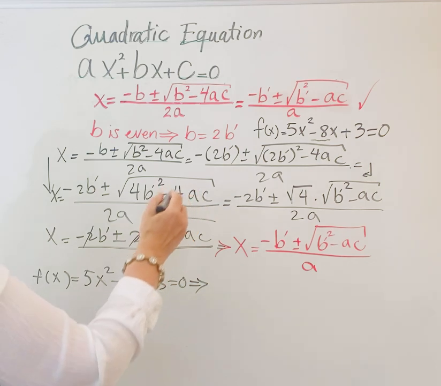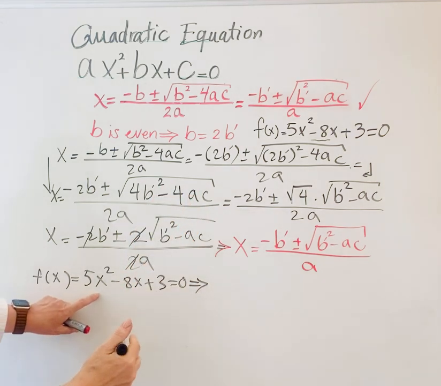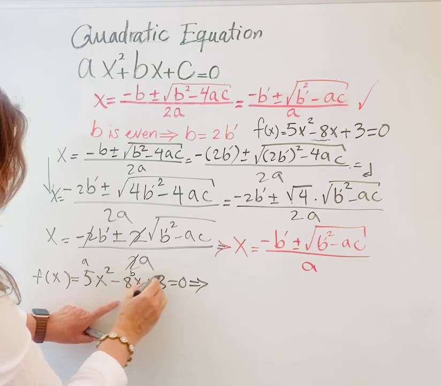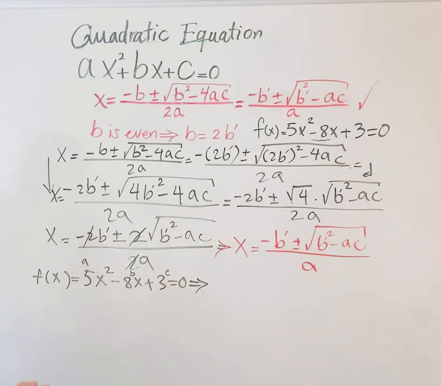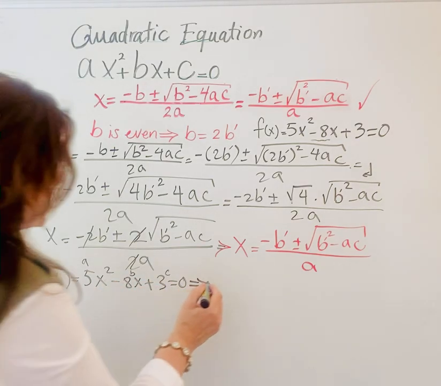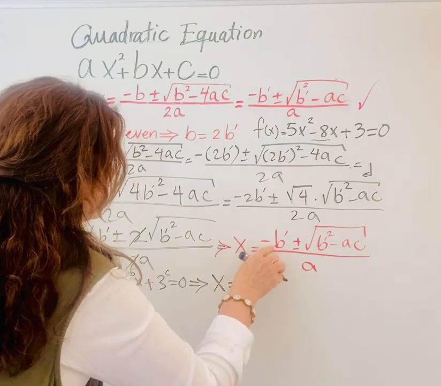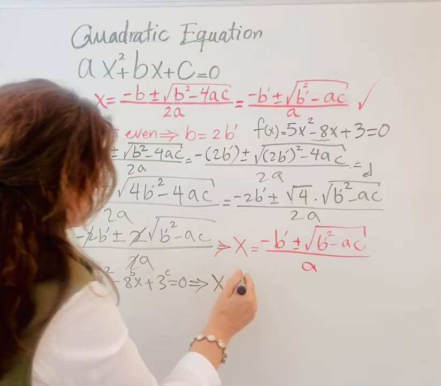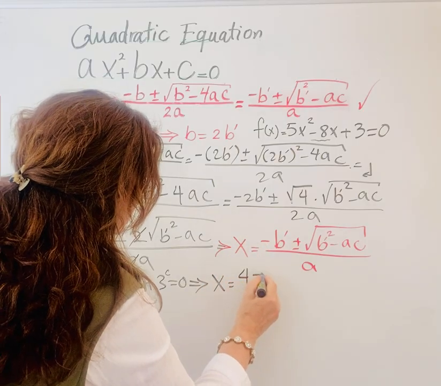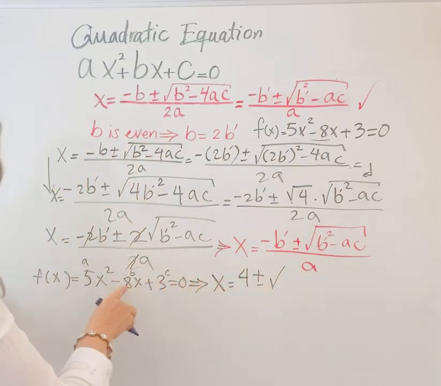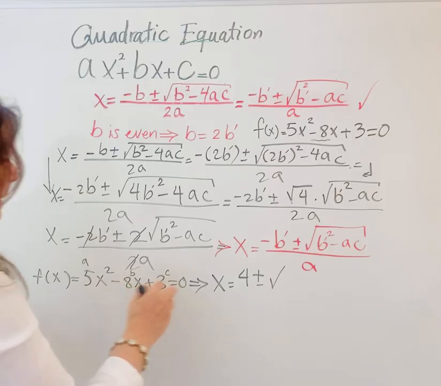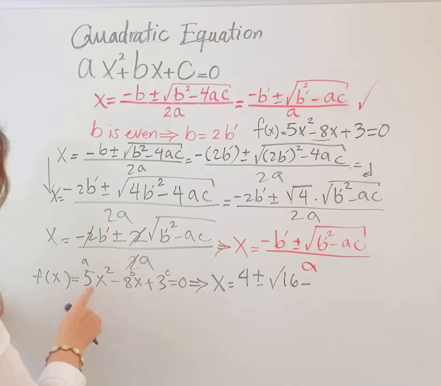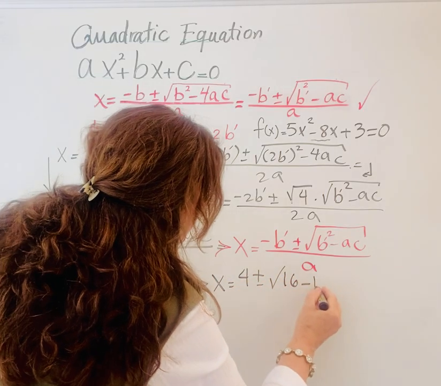Now we can say a is 5, b is negative 8, c is 3. Okay, x is equal to negative b prime, which gets negative 4, but this is the opposite, so it is plus 4, plus or minus the radical of negative 4 squared, 16, minus ac. ac is 3 times 5, which gets 15.